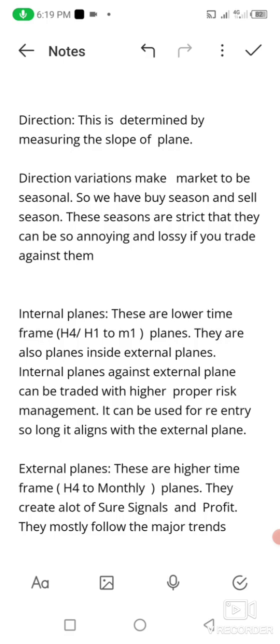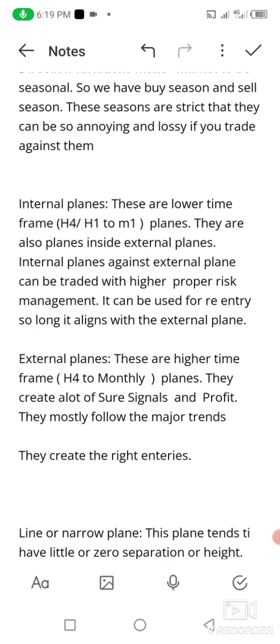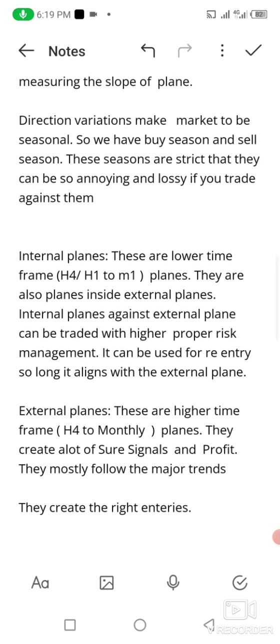So if two planes intersect, one might be a bear market plane and the other a bull market. They cannot be the same polarity, especially if they intersect at angles close to 90 degrees. So you have to take note of these things.